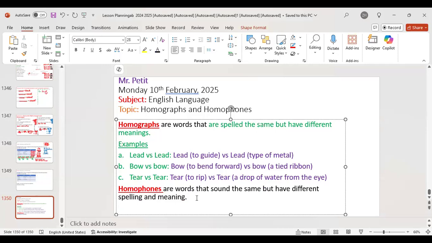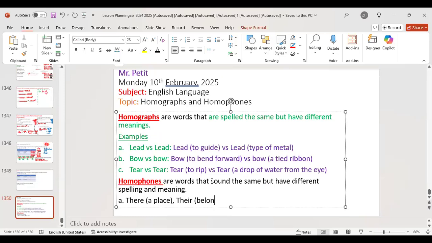So there and there. Let's do this one. There, which is a place, right? There, which is showing ownership, showing possession, belonging to them.